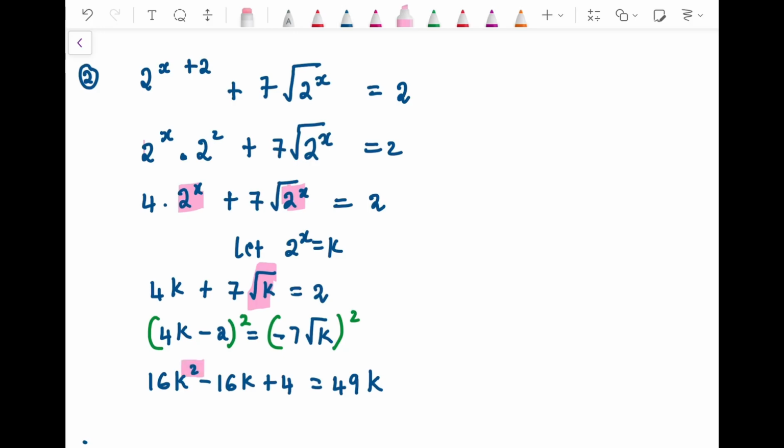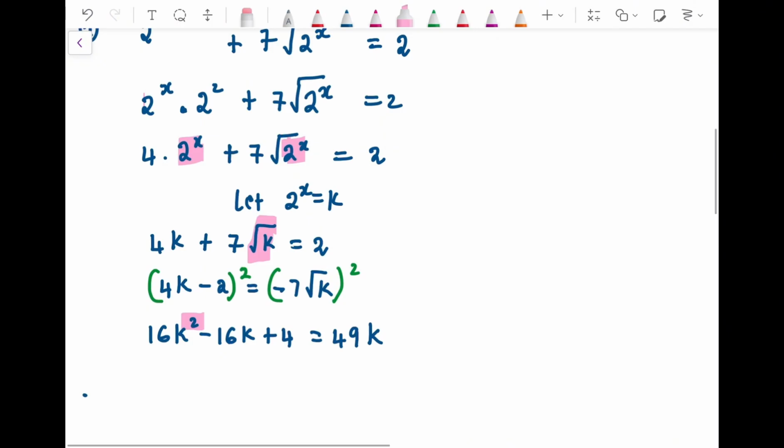So my equation needs to be written in standard form. If I write this equation in standard form, I am going to have 16k squared, and then if I transpose 49, I'm going to have minus 65k, and then plus 4, this is equal to 0.